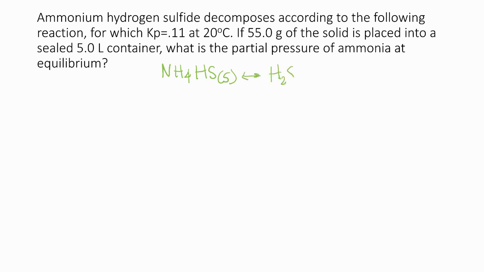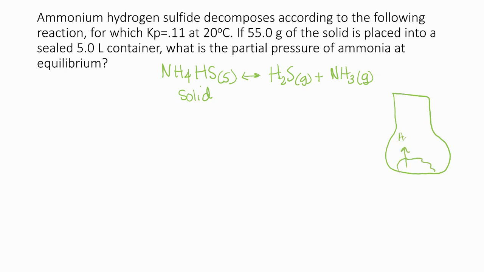Okay, I want to do this one with you because I want to prove to you how important it is to know the concepts. We have a solid. It's decomposing into the gas.